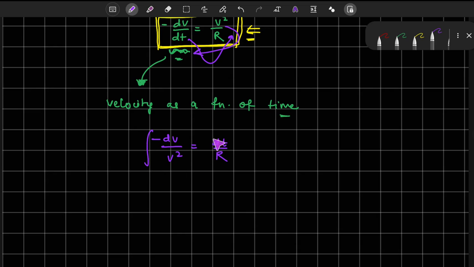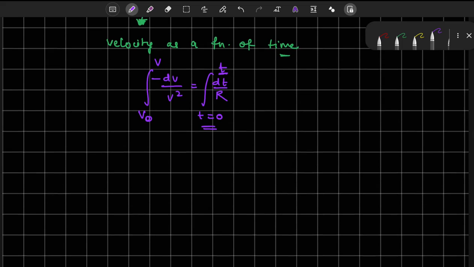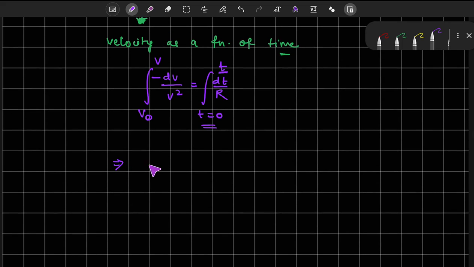Let us integrate both sides from t equals 0 to t, where at time 0 we have the velocity v0, and at time t let us say the velocity is v. So we can write 1 upon v minus 1 upon v0 on the left side, equal to the integration of 1 dt from 0 to t.